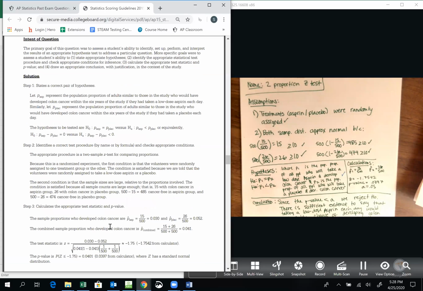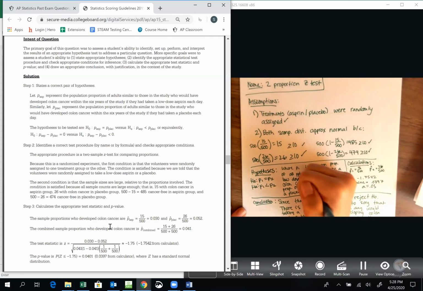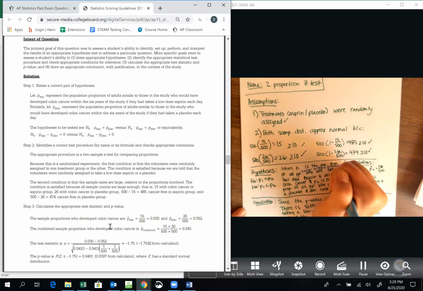Let P aspirin represent the population proportion of adults similar to those in the study who have developed colon cancer within 6 years of the study if they have taken a low dose aspirin each day. Fairly similar. It really should be all people similar to those in the study. But I think we're okay.